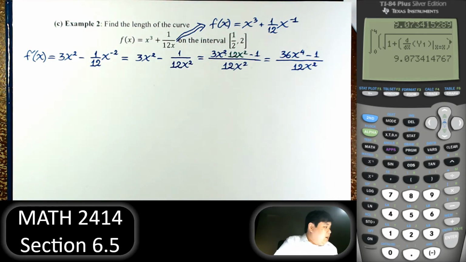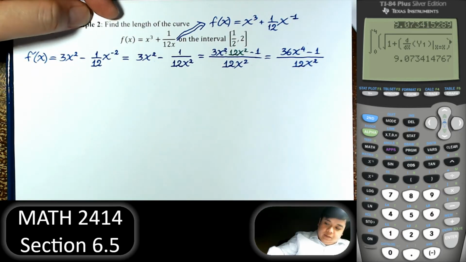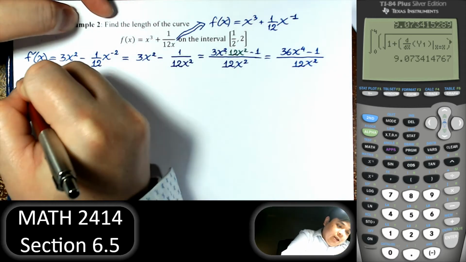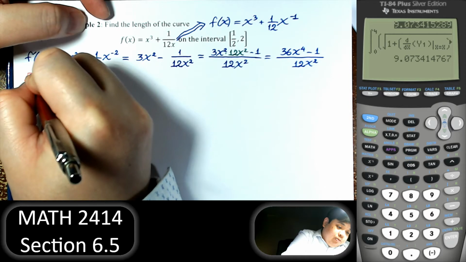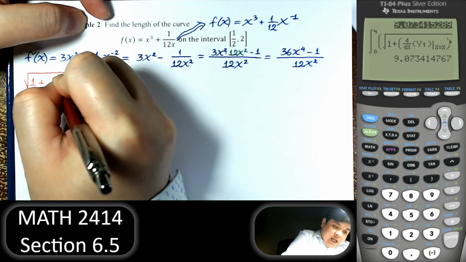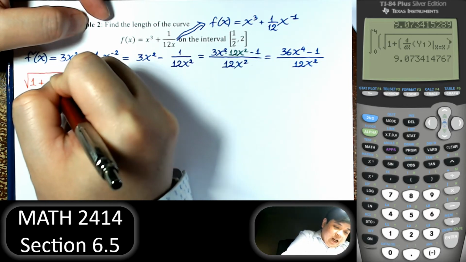Right, so that is the derivative. Now what we need is the square root of 1 plus derivative squared. If it turns out better, then it might help, but it looks complicated for now.